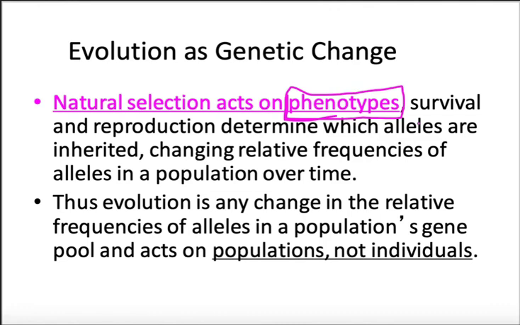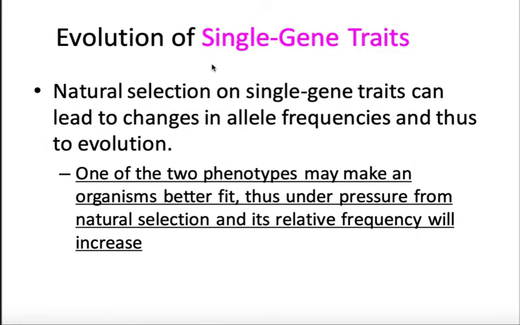That could be the height, the beak size, the camouflage color, etc. So survival and reproduction of a species determine which alleles are inherited, and based on what alleles are inherited, members of a species in the future either have more of that type of allele or less. So evolution is any change in the relative frequencies of the alleles in a population, and we need to remember individuals can't evolve, populations can evolve.